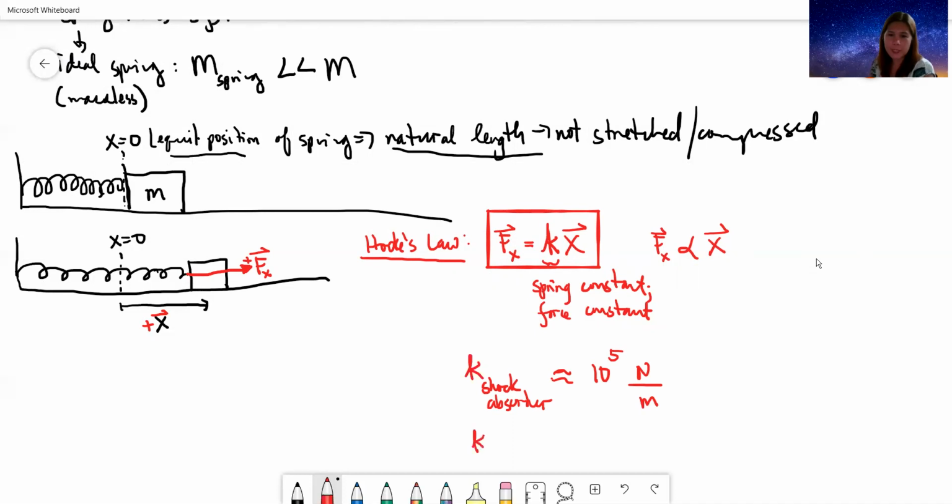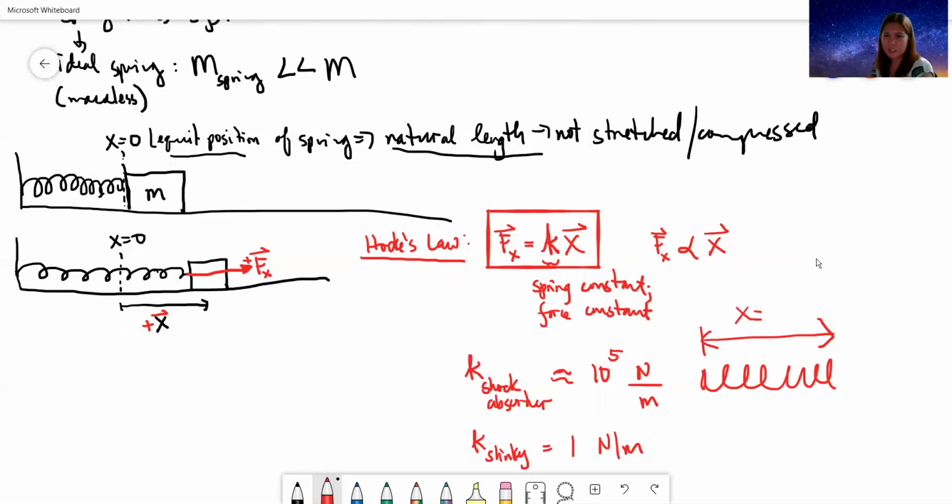Pero yung spring constant ng magic spring ng slinky is just around 1 newton per meter. So itong si shock absorber, kung gusto mo siyang i-stretch by 1 meter, kailangan mo ng 100,000 force, di ba?